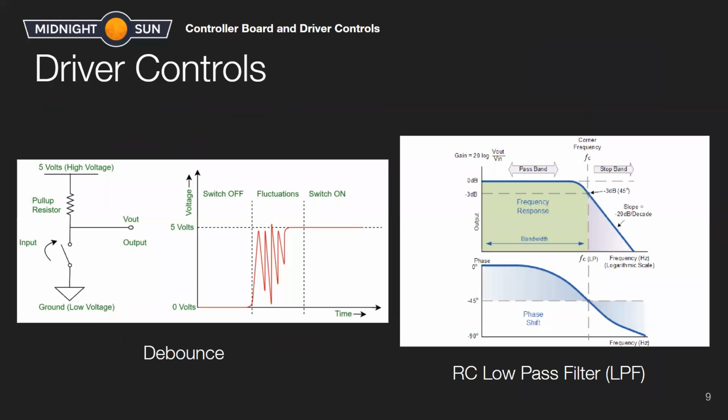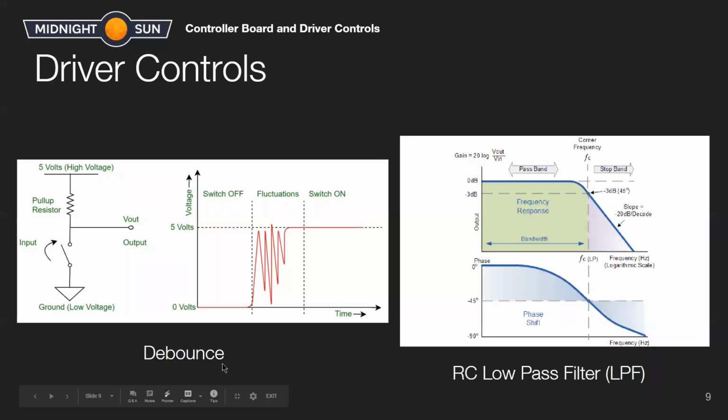But first, just to have a better understanding of what we're really looking for with these filters. So debounce, if you're unfamiliar with it, is essentially when you have a switch and you press on it or close the switch somehow, there's a period of fluctuation in which the contact, from the vibration of hitting the other side, will bounce a bit.